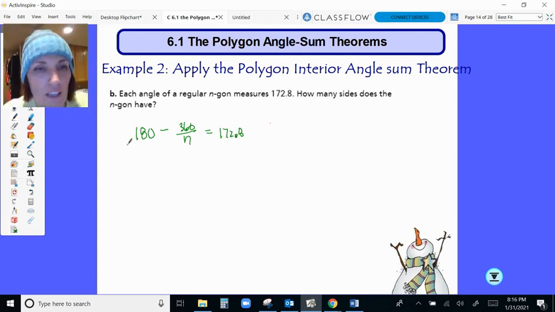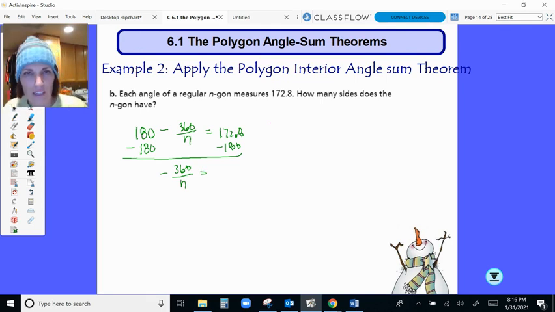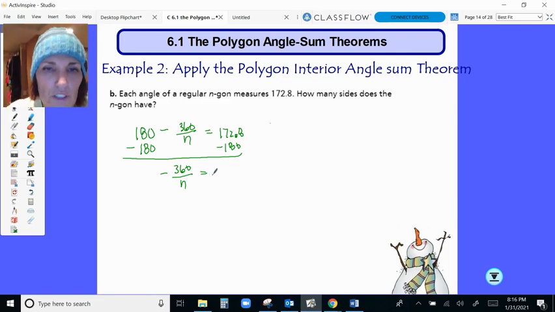Okay, so I'm going to subtract the 180. So negative 360 over n equals, I believe, negative 7.2.